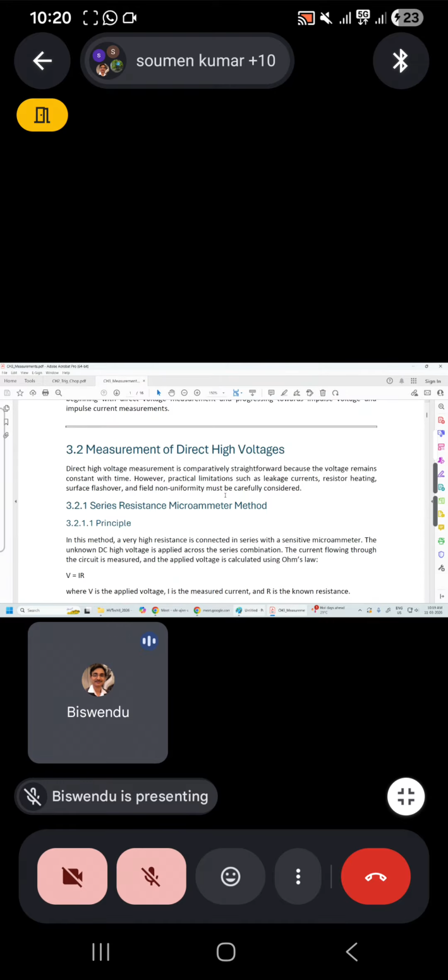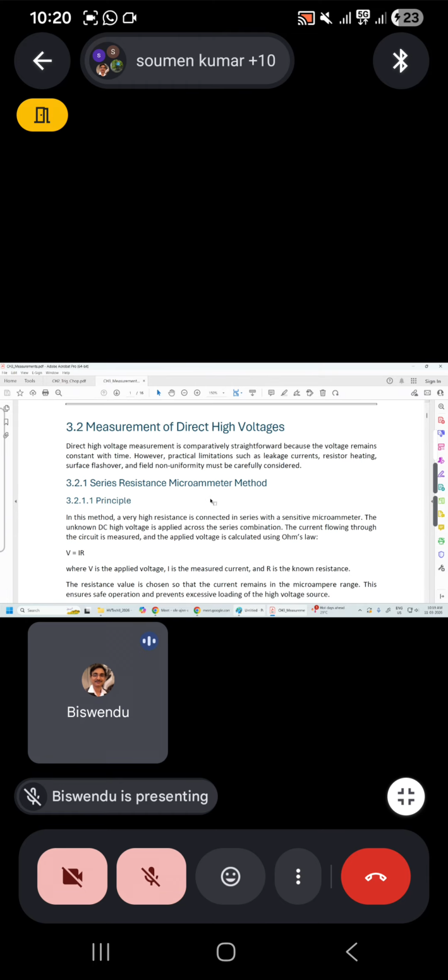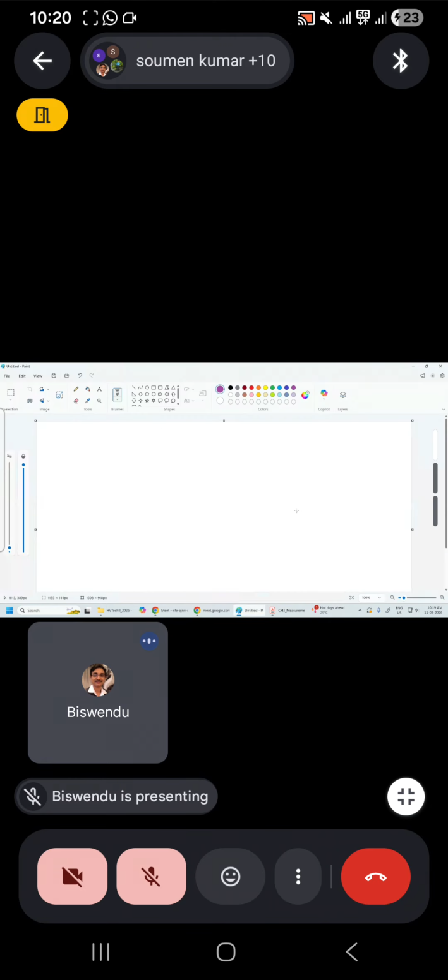Now, how to measure direct high voltage? The series resistance microampere method, which is a very standard voltmeter system. How is it done? We have a high voltage source, we have a very high value resistance, then we have a microammeter.